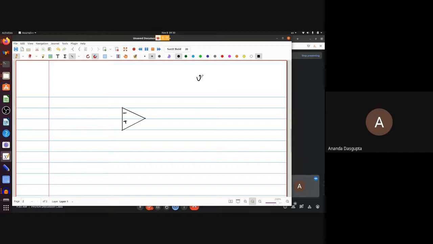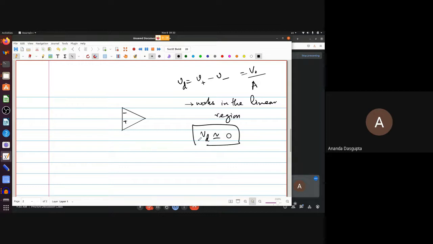It means that VD, V plus minus V minus, is actually given by VO by the gain A. This formula works only in the linear region. And because of this huge gain A, this works only when VD is nearly zero. Okay, very nearly zero.